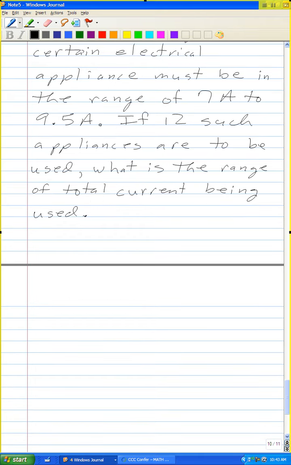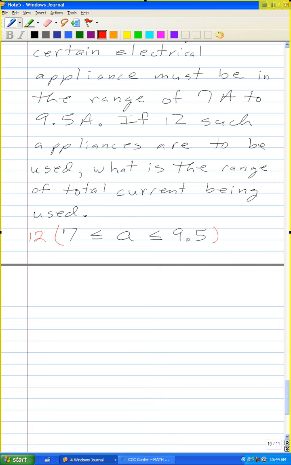Okay. So I have here, let's say appliance A. Each of these appliances has a range of 7 amps to 9.5 amps. And so we're going to be using 12 of these. So let me multiply both sides of my inequality by 12.